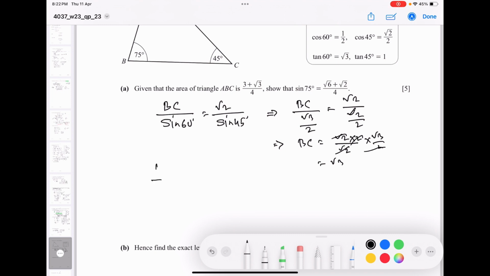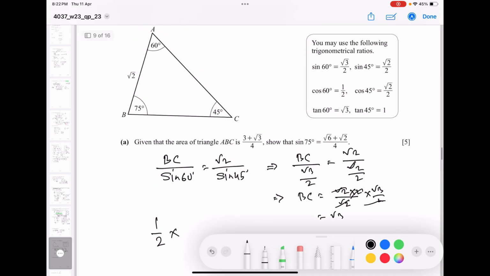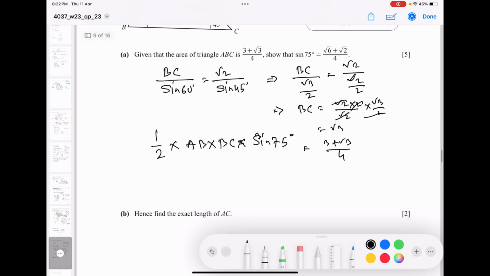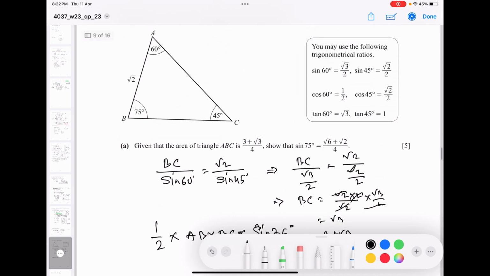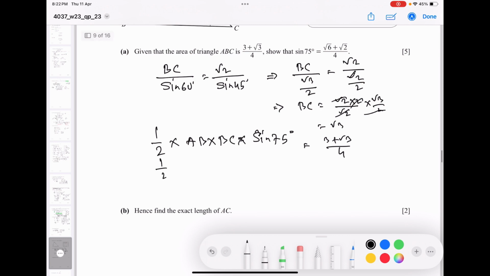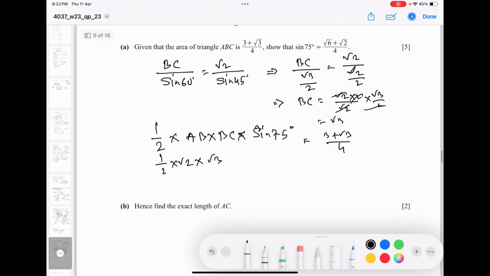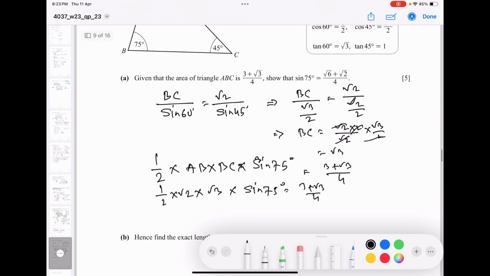So let me write half AB into BC into sine 75. This is the area of this triangle, equals 3 plus root 3 divided by 4. AB is root 2, BC is, we have got, root 3 into sine 75 equals 3 plus root 3 divided by 4.